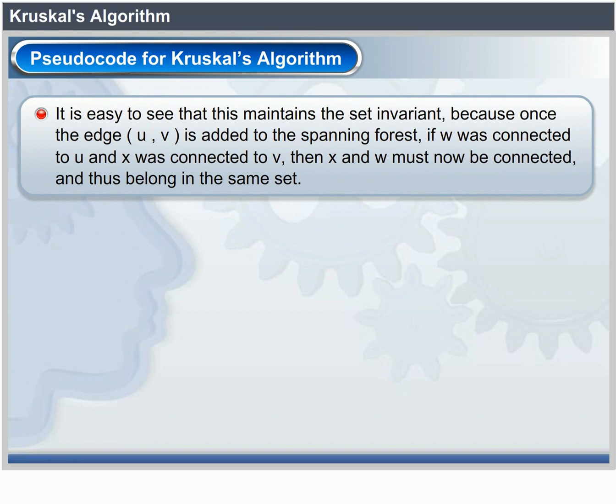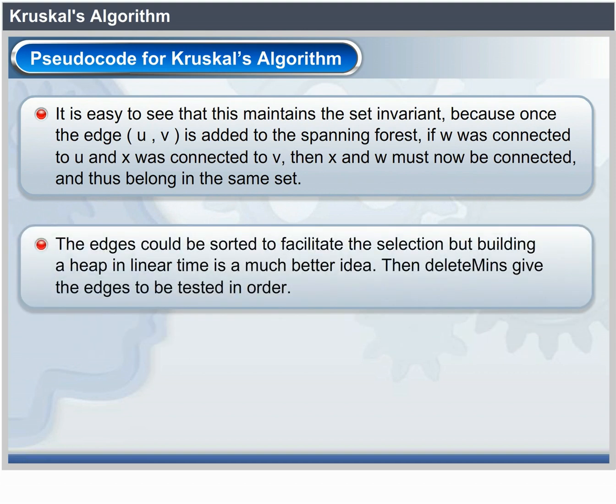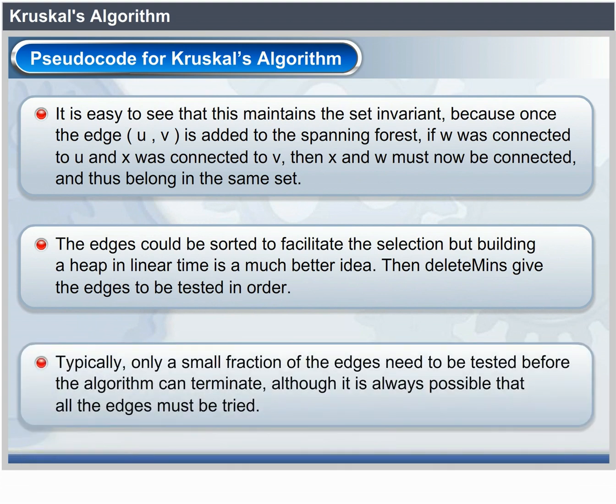The edges could be sorted to facilitate the selection, but building a heap in linear time is a much better idea. The deleteMin operations give the edges to be tested in order. Typically, only a small fraction of the edges need to be tested before the algorithm can terminate, although it is always possible that all the edges must be tried.